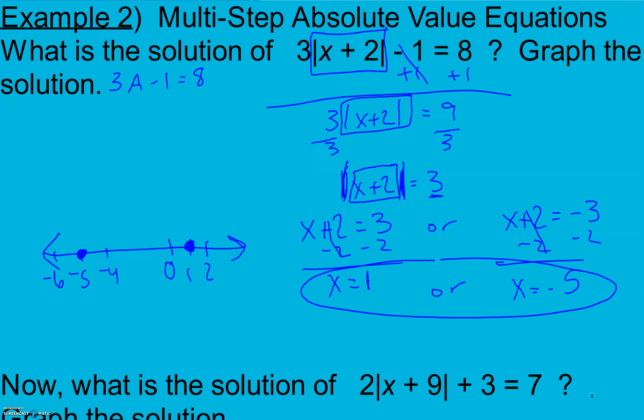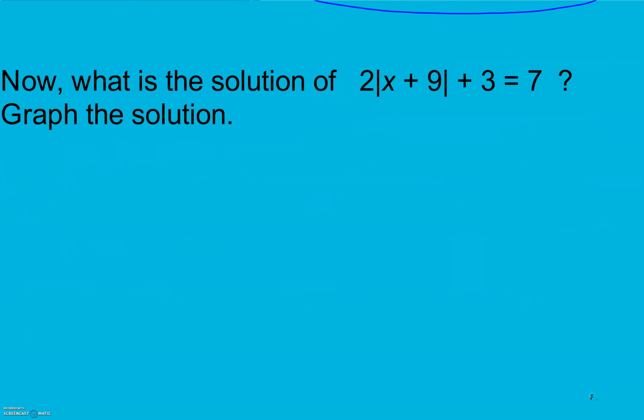Feel free to pause here and give this one a try if you'd like. Again, I'm going to get my absolute value alone first. I can't figure out what could have been inside there until I know what my absolute value itself equals. So I'm going to subtract a 3 and divide by 2.